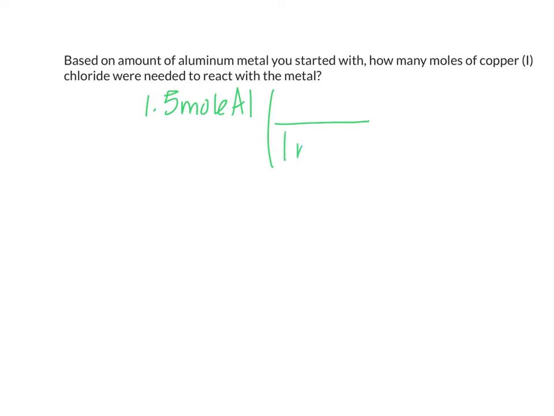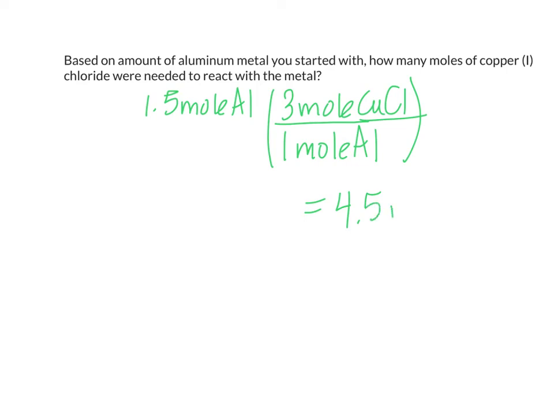So we have 1 mole of aluminum for every 3 moles of copper chloride. When we multiply that out, we get 4.5 moles of copper 1 chloride.